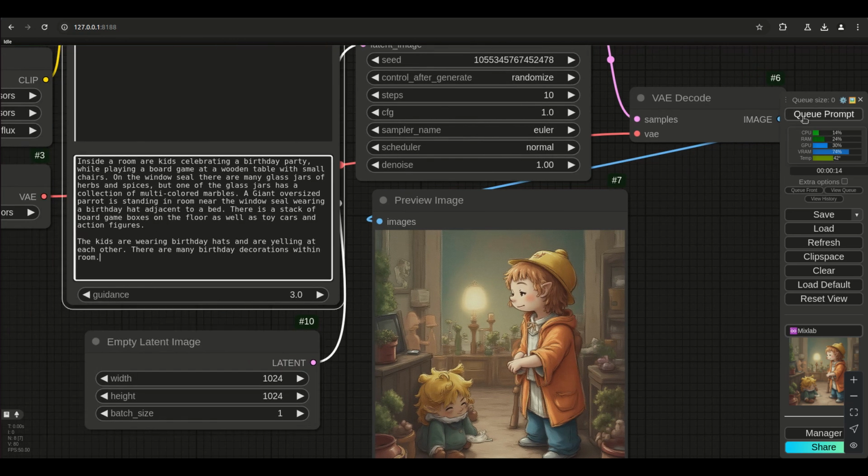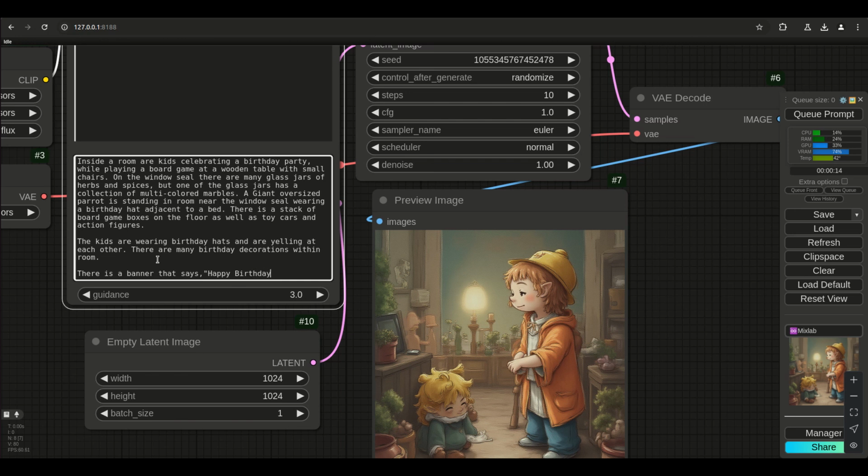Flux has the ability to type text pretty well, but you have to do it in a way that's not overbearing. Be very direct with it. Like, there is a banner that says happy birthday.